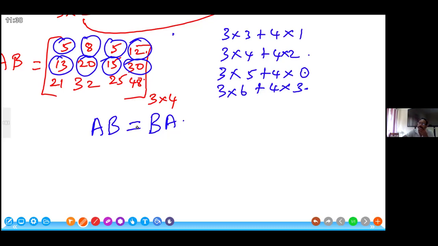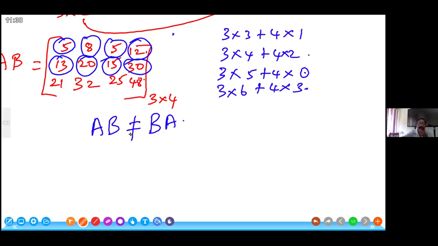Ahmed? If you multiply A with B, is it the same as B with A? No, because the number of columns is going to be changed.